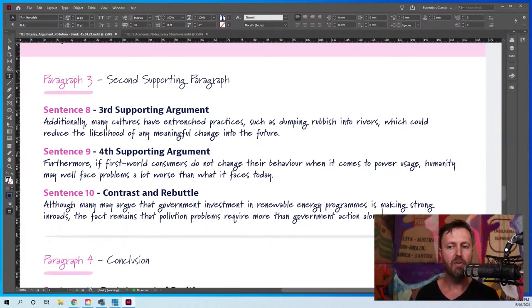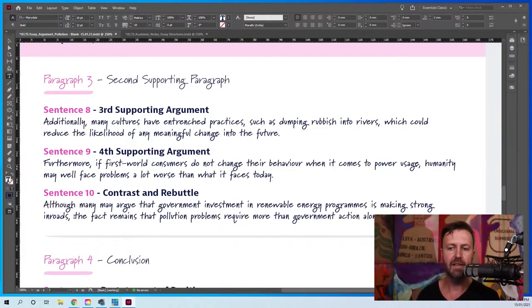Starting again with although many may argue that government investment in renewable energy programs is making strong inroads. Inroads are things that are done to essentially help solve a problem. So if you're making inroads into something, you've got a problem, you've got a challenge, and you're doing your best to tackle that, to combat that. So although many may argue that government investment in renewable energy is making strong inroads, the fact remains that pollution problems require more than government action alone.